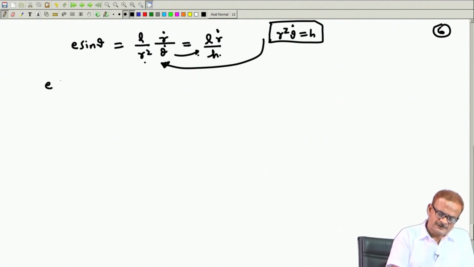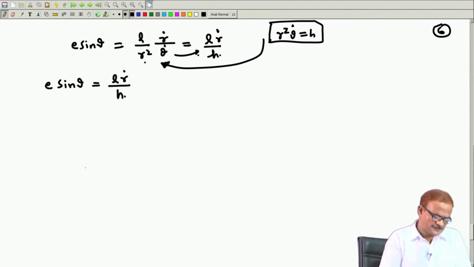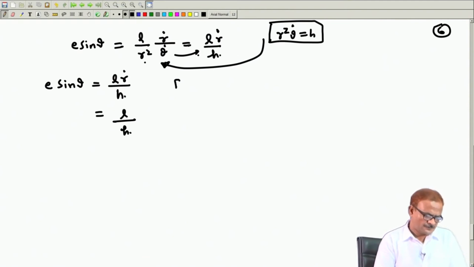So, we have got E sin theta equal to L times R dot divided by h, and so this can be written as L by h. Okay. Some more manipulation can be done.